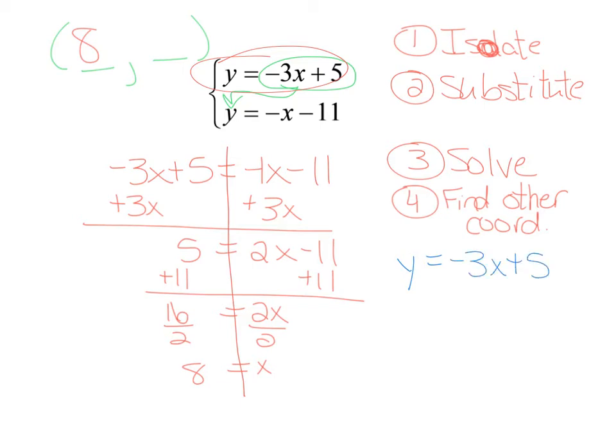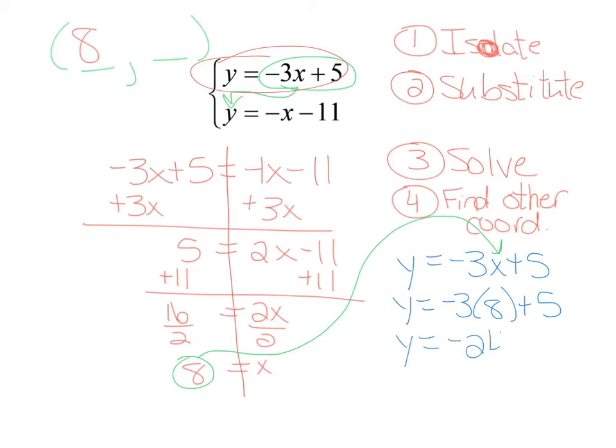But I just found a minute ago that x is 8. So everywhere I see an x, I'm going to put the 8. So I get y equals negative 3 times 8 plus 5. So that is what? Negative 24 plus 5, and negative 24 plus 5 is negative 19. So when x is 8, y is negative 19.